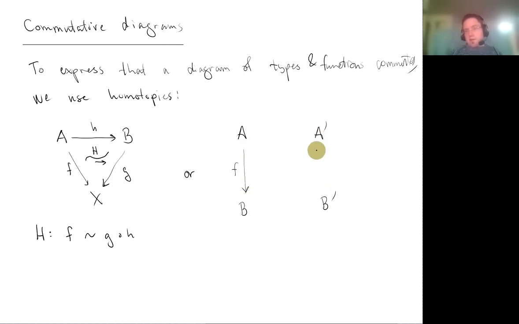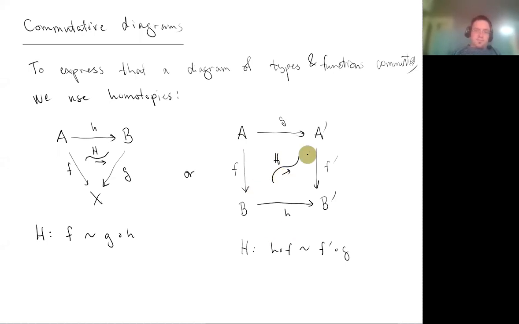We have functions F and F prime, and G and H. To say that the square commutes, we add a homotopy. The only place we can start and go different places is we start at A and we can go either this way or that way. So we add a homotopy of type H after F should be homotopic to F prime after G. And we draw a tilde in here, maybe give it a direction, let's say that's a homotopy in that direction. Okay, so that's how we can formalize the notion of, at least in particular cases, a commutative diagram in type theory.